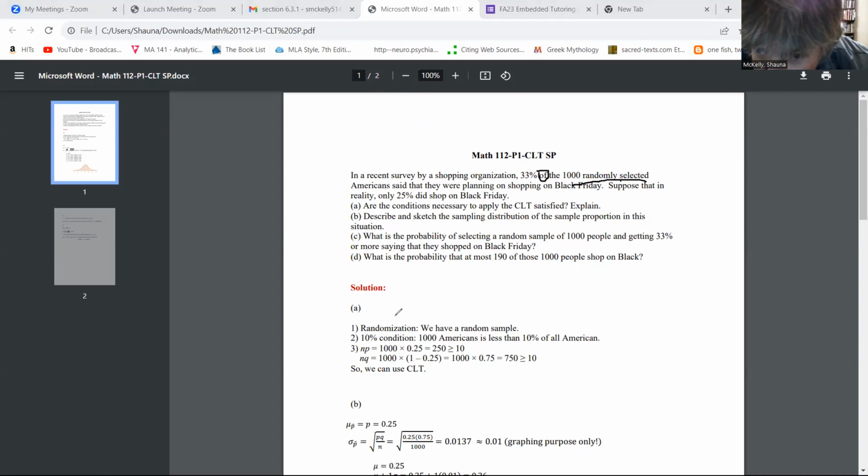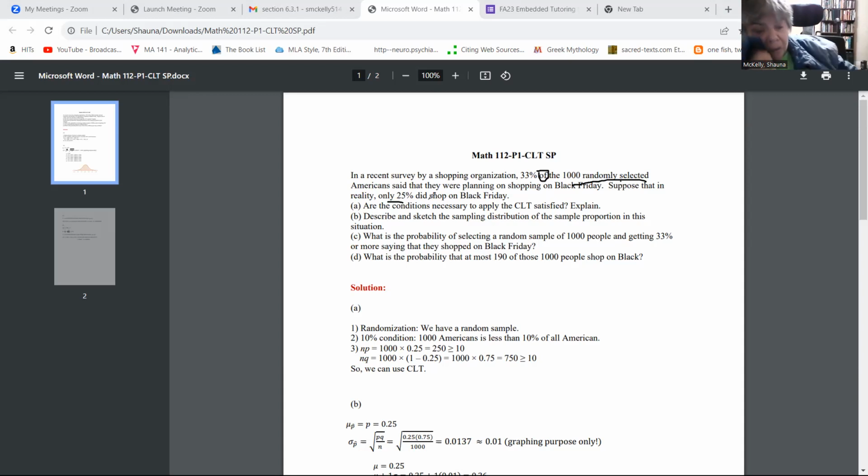So what we want to do here is, it says, suppose that in reality only 25% did shop on Black Friday. 25% of whom? 25% is not the sample. 25% is all Americans. That's what we want.